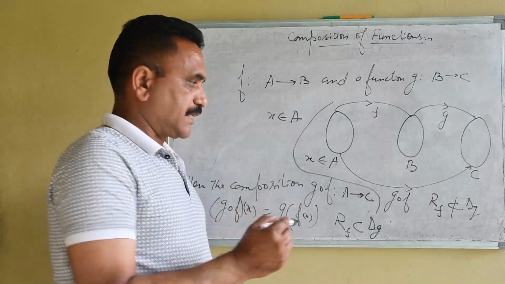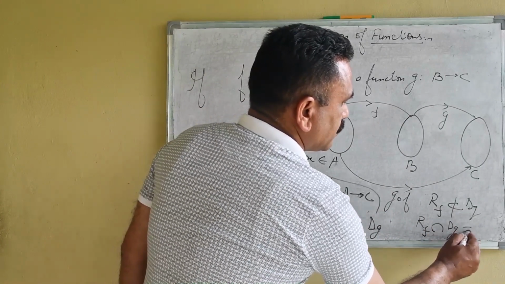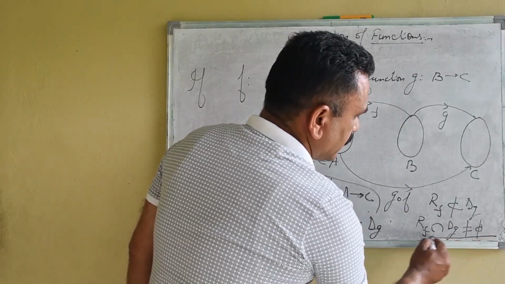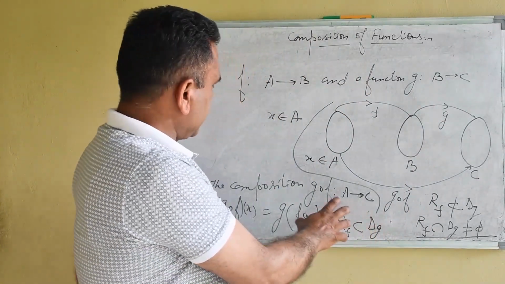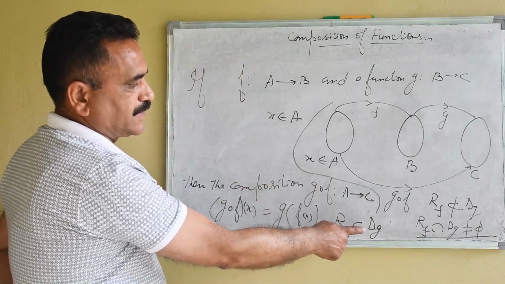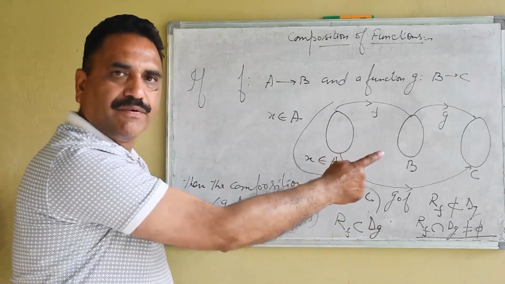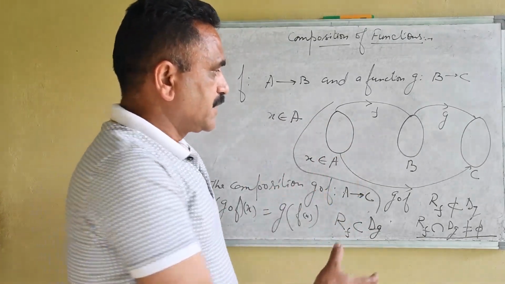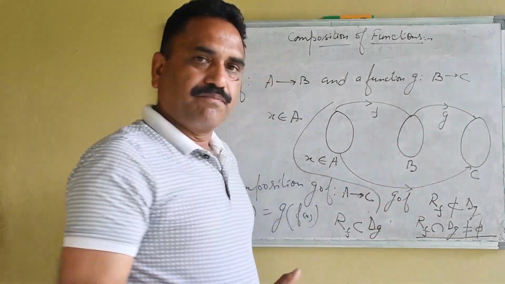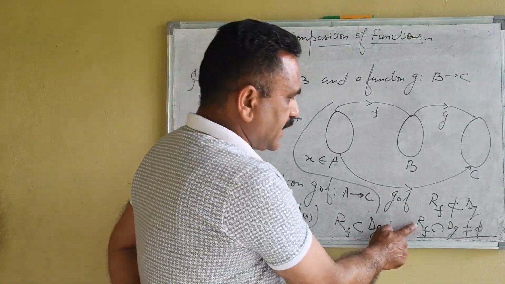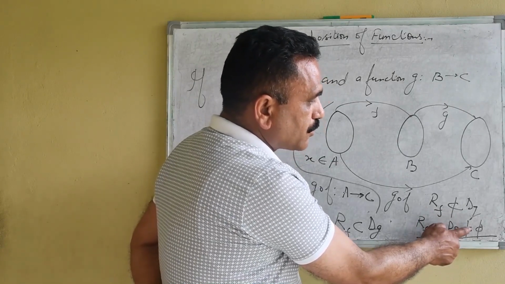But what is the condition for that? For that, Rf intersection Dg should not be a null set. That means the foremost condition for composition is that the range of function f must be a subset of the domain of function g. But for real valued functions, it may work even if this is not a subset, but the compulsory condition is that the range of f intersection the domain of g should not be equal to the null set.